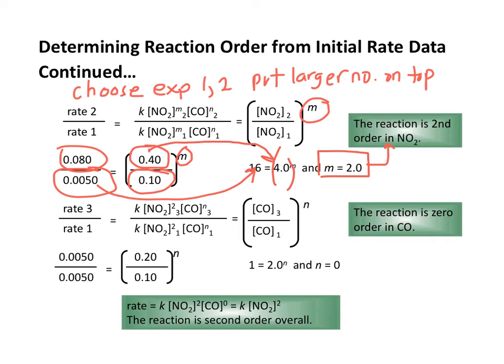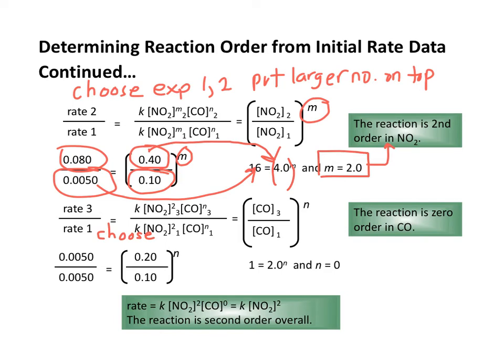Likewise, to find the order with respect to carbon monoxide, we're looking for experiments where NO2 is constant and carbon monoxide is changing.